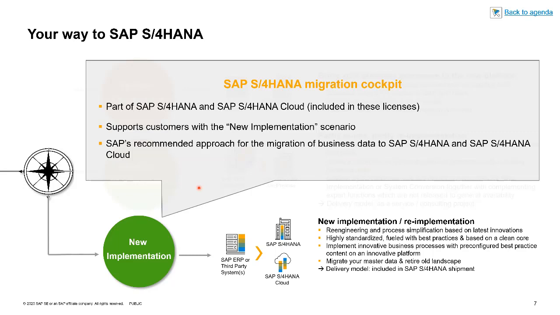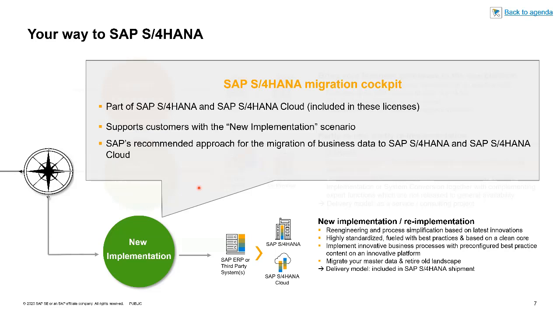Then the second possibility is the selective data transition, where you can decide on a project level basis which data regarding master data, transactional data, history has to come into the S4HANA system.